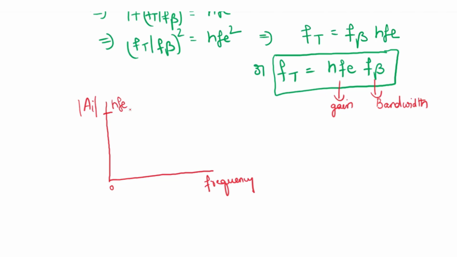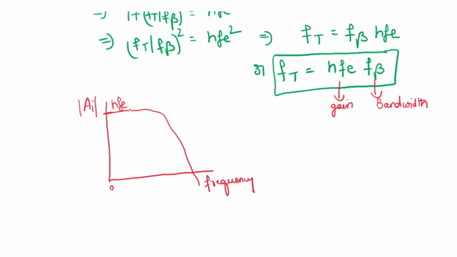You don't have a lower cutoff frequency at which the gain decreases by 1 by root 2. So how is your frequency response now? If you don't have the lower cutoff frequency, at low frequency the gain is high, which means the response is like this.